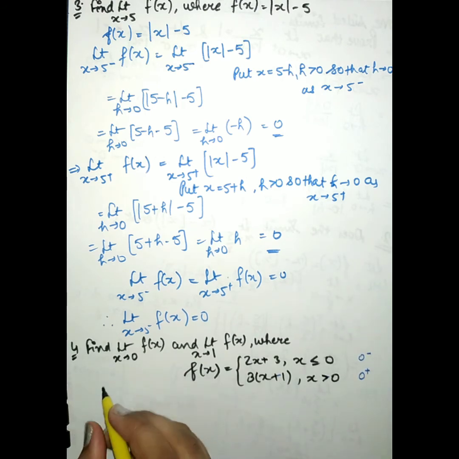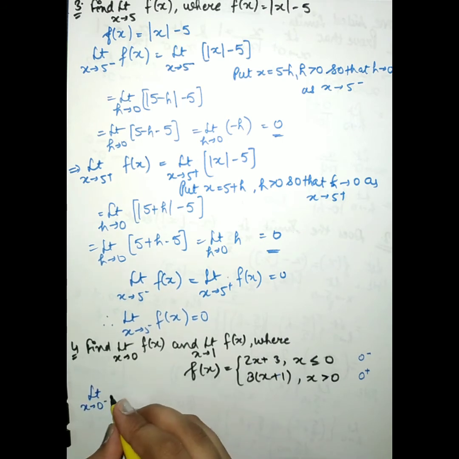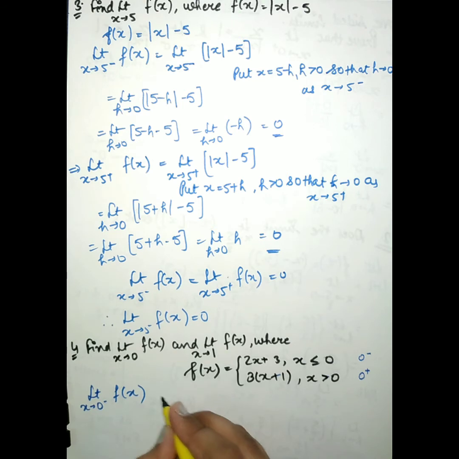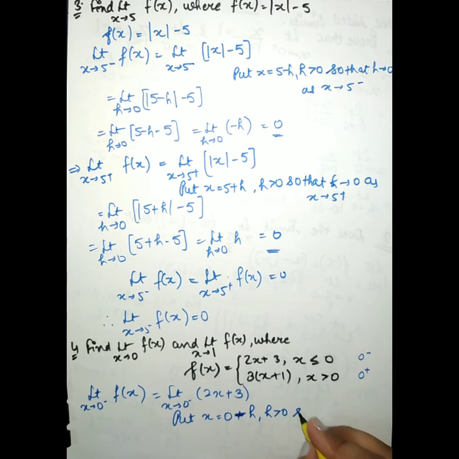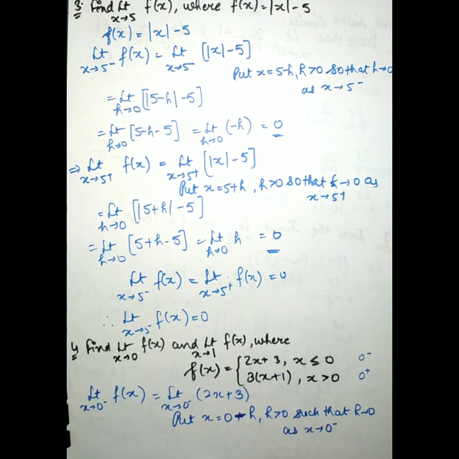Now firstly we will solve for limit x approaches to 0 negative f of x. It will become limit x approaches to 0 negative 2x + 3. Now put x equal to 0 − h, where h is greater than 0, such that h approaches to 0 as x approaches to 0 negative.